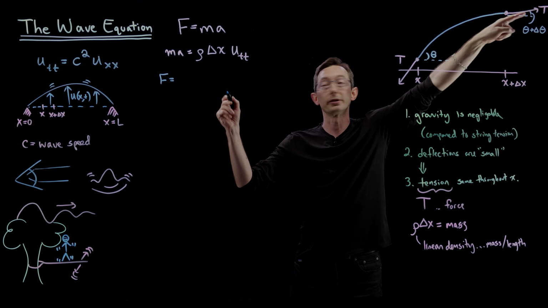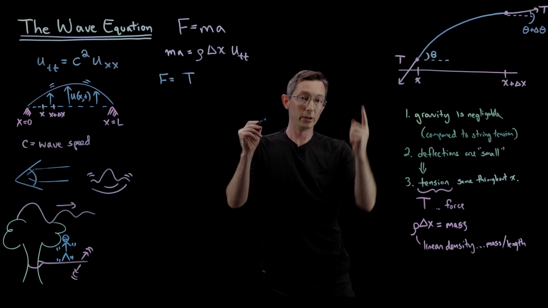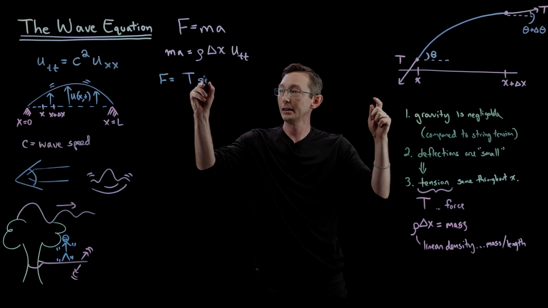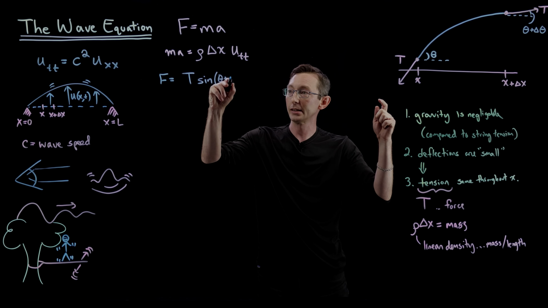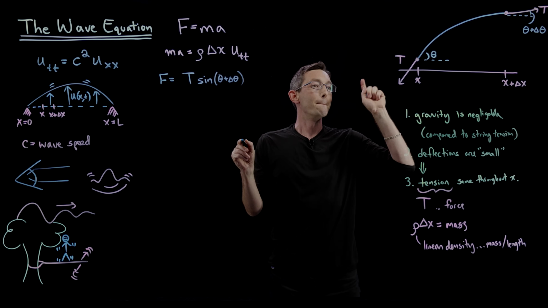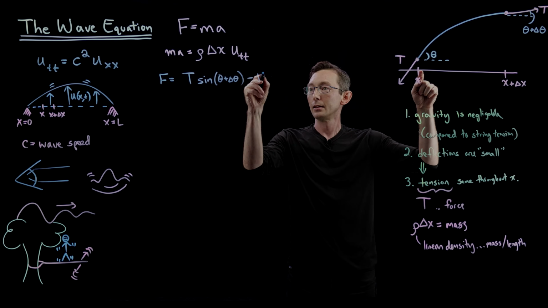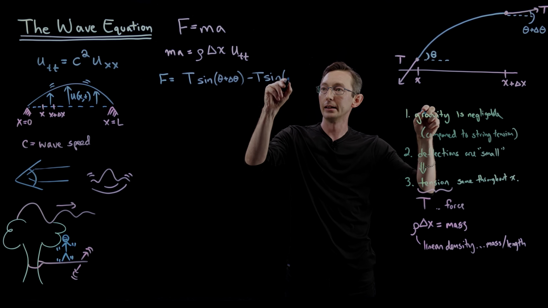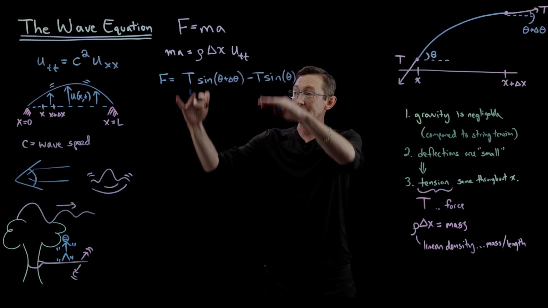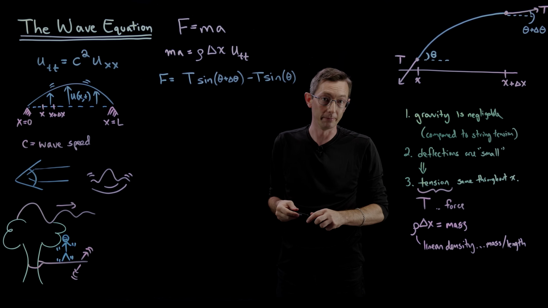So the force is equal to T, only the vertical component, so sine of theta plus delta theta, minus T times sine of theta. That's the force in the y direction, okay?